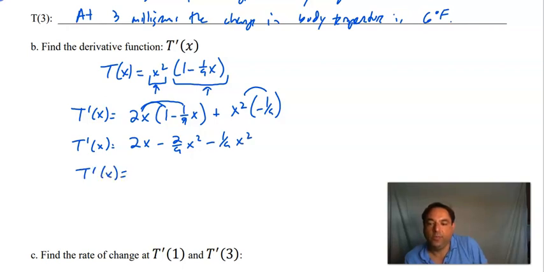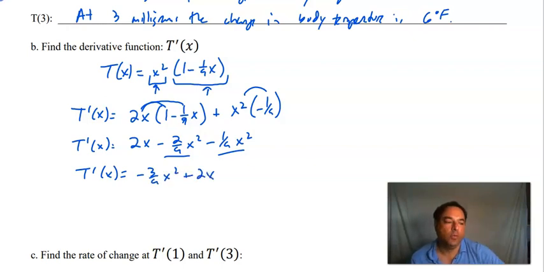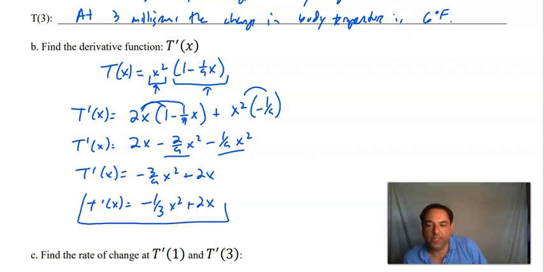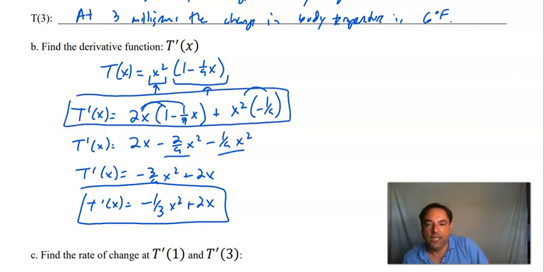Negative 2/9 x squared minus 1/9 x squared would give you negative 3/9 x squared, plus 2x, which then simplifies to T prime of x equals negative 1/3 x squared plus 2x. So again, this is a nice reminder that number one, did you do the derivative correctly? And number two, can you simplify? Both are very important.